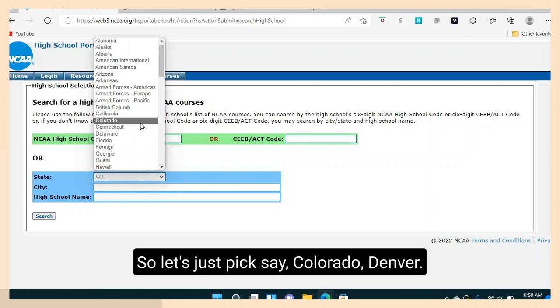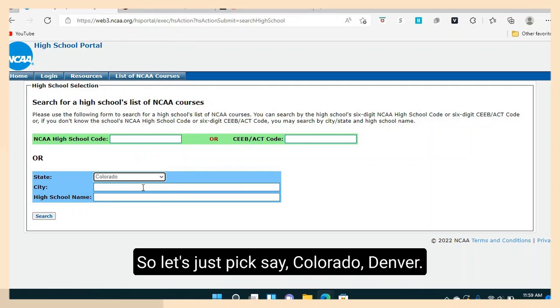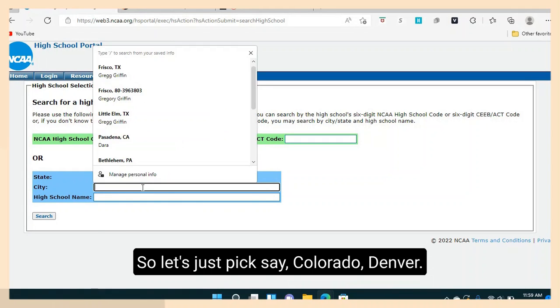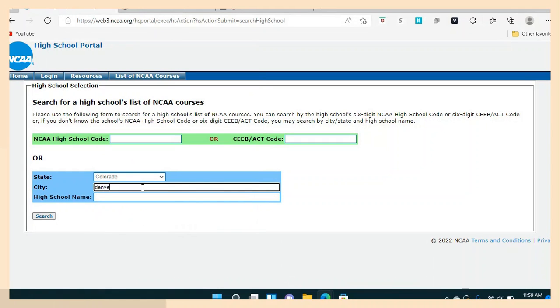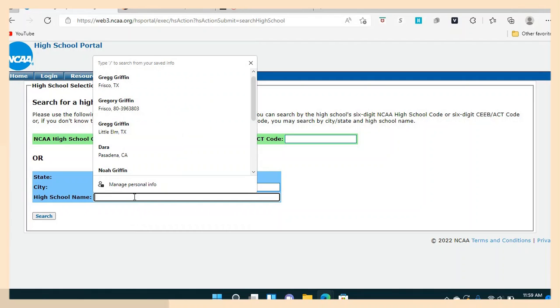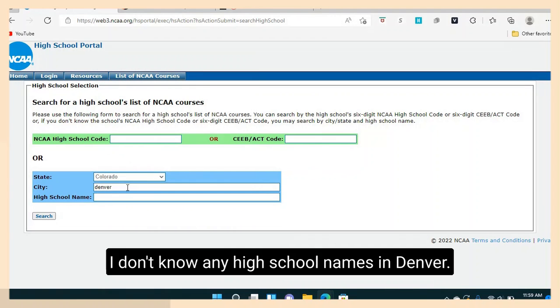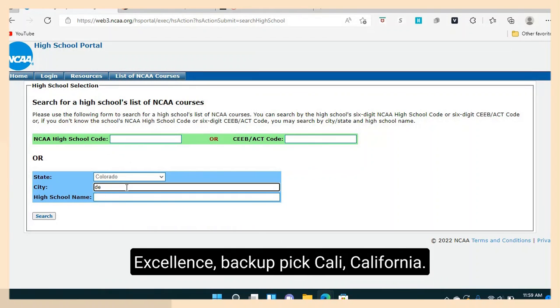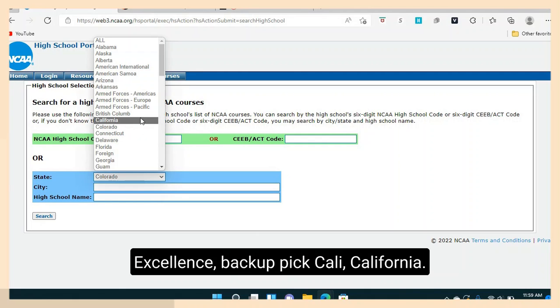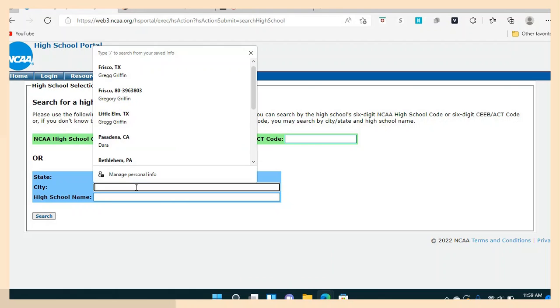state, say Colorado, right? Denver. I don't know any high school names in Denver. Actually, let's back up. Pick Cali, California. I know that.